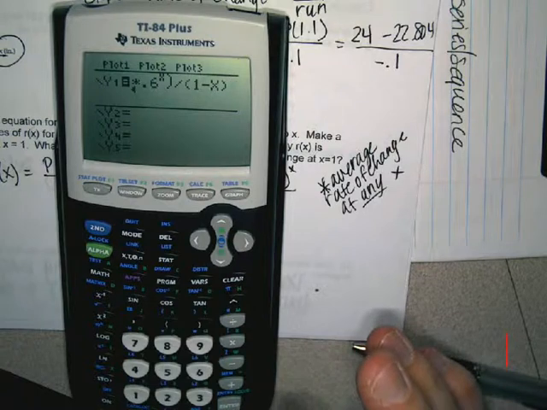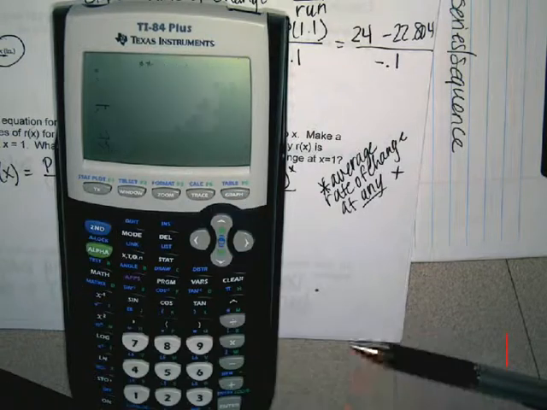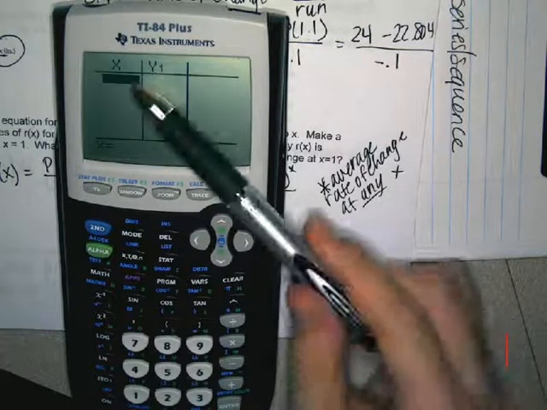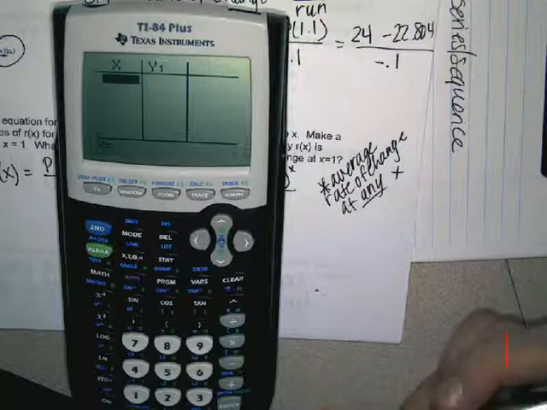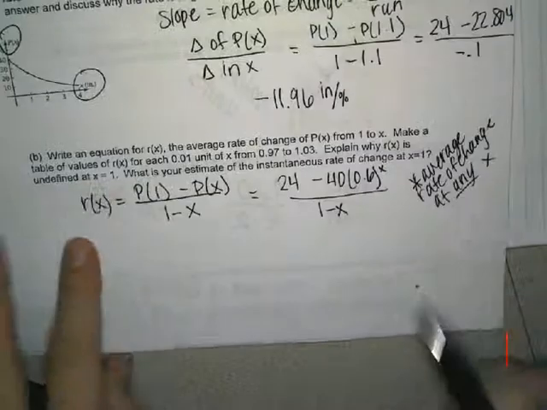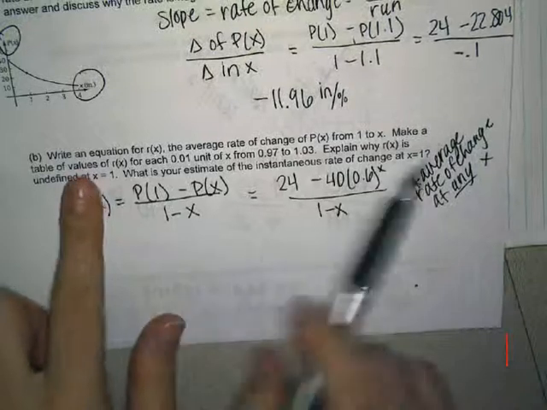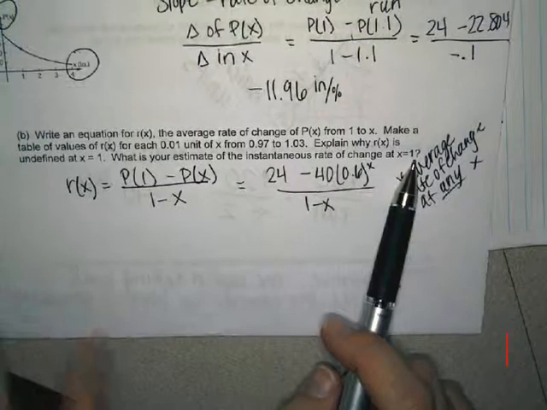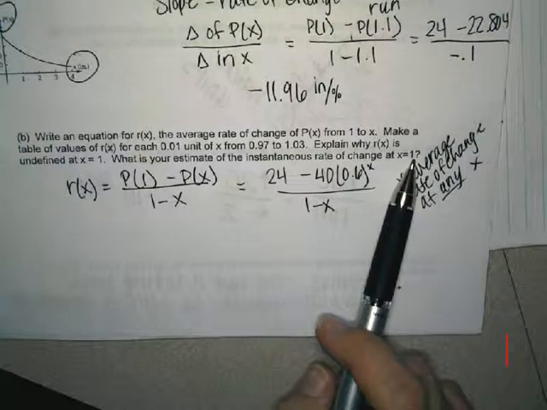These y values that you're writing here are rates of change values. So we plugged in 1.1, 1.01, 1.001, and 1.0001. Okay, so you get negative 11.95, negative 12.23, negative 12.26, negative 12.26.